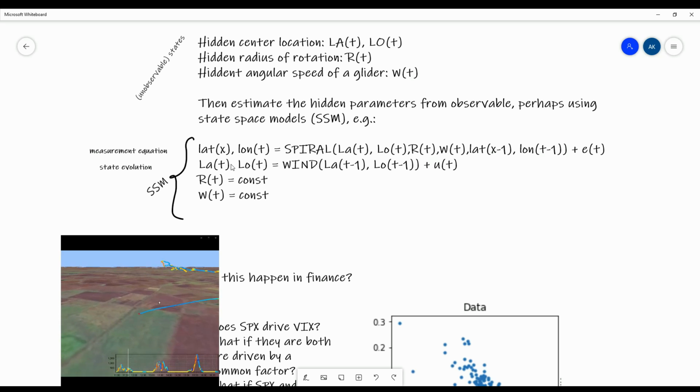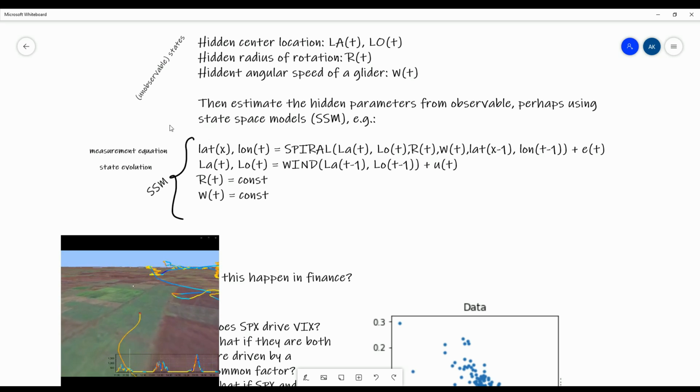So maybe we'll take the center and assume that it moves by some relationship, and we will try to estimate this equation too. And maybe for simplicity we can say the radius and angular speed are the same, but nothing prevents us from actually writing these equations down too. So we may end up with a bunch of coefficients in a complex setup like this, maybe in state space type of setup with Kalman filters, linear or non-linear Kalman filters, and so on.